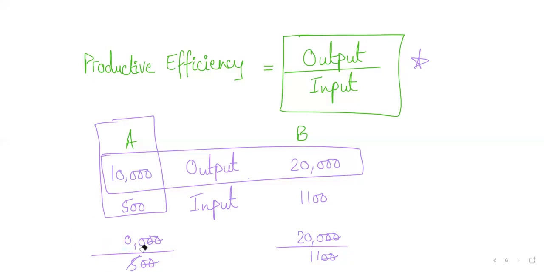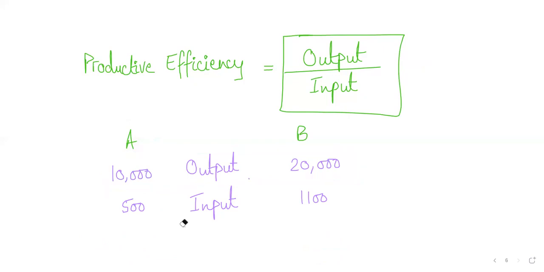So this is exactly what productive efficiency is. Productive efficiency is how much output a company can produce against each unit of input, right? So let's write down the definition and then move forward and look at the graph.